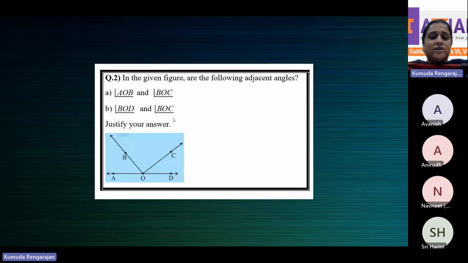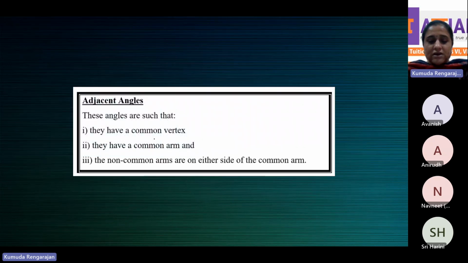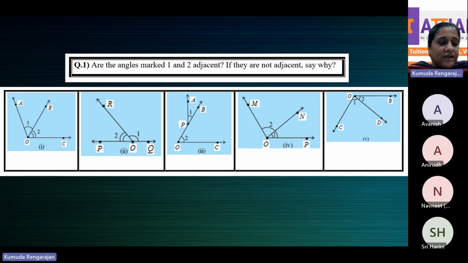Now in these figures, they did not go in the opposite direction. If one ray goes in this direction, the other one should go in the opposite direction like this. Like in this figure, OR is the common arm.